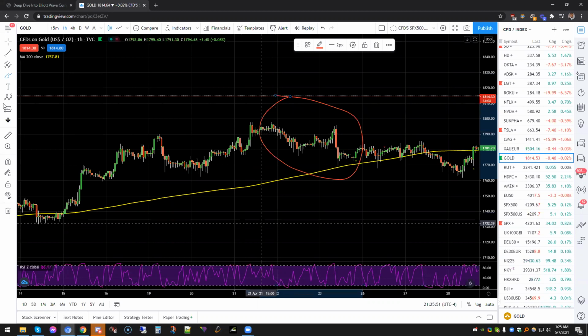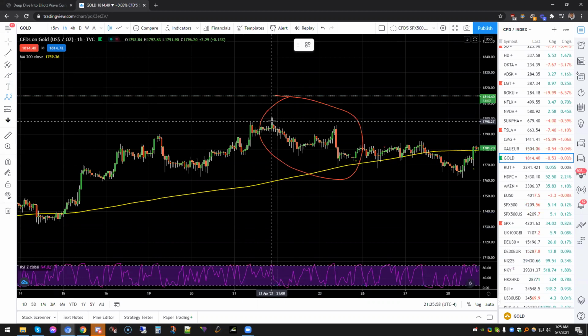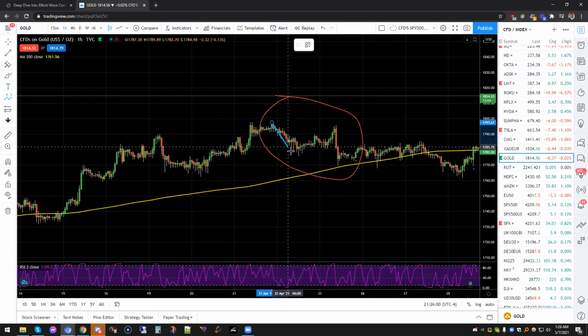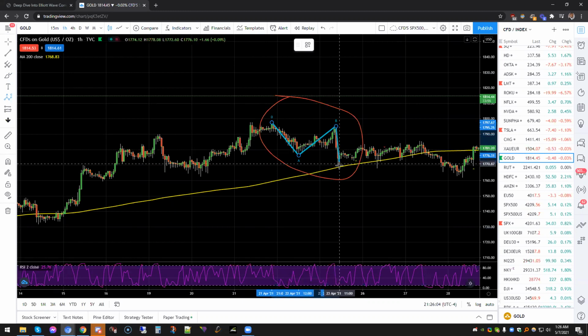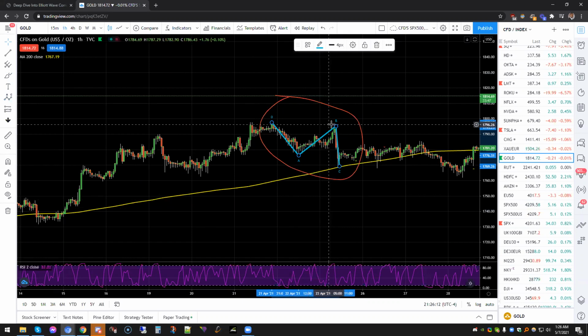so if you look at this and without getting into the waves and how the waves are constructed, you can simply see that this is one wave down, this is 1, 2, 3 up, and this is another wave down. So this is a 3-wave move. Now, with this being a 3-wave move, you can see here that the B wave did not break the high of the A wave.